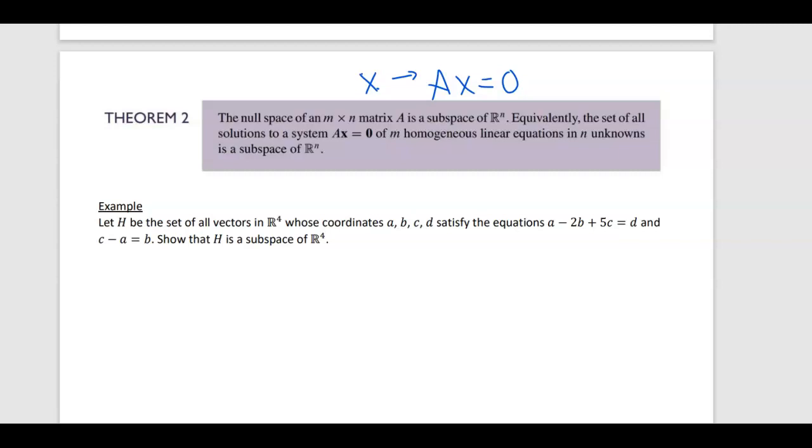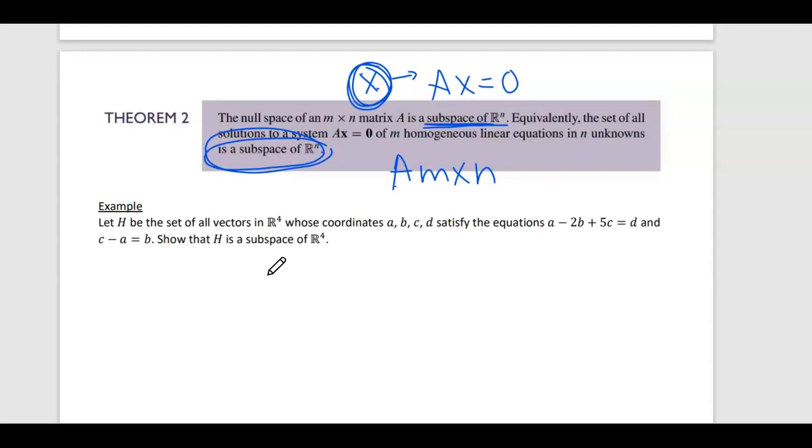So these vectors x meet the definition of a subspace in Rn. So all solutions of Ax equals 0, m homogeneous linear equations, because remember A is an m by n, with n unknowns, is going to end up being a subspace. So the solutions make a subspace of Rn.